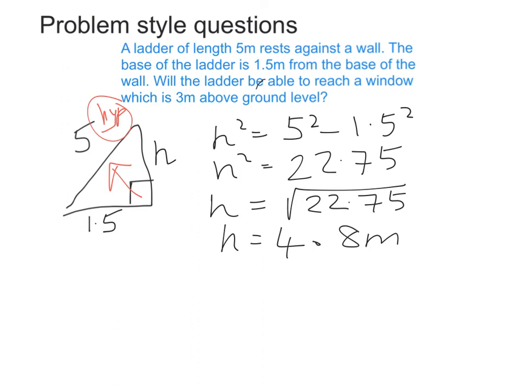So is the ladder going to be able to reach the window? Yes. Because the window is at a height of 3 metres, and the ladder goes even higher than that, you would be able to reach the window. If, for instance, the height had come out as 2 metres, then we would be saying that no, the ladder didn't reach the window. But as long as it's 3 metres or above, then yes, you can climb the ladder and get to the window.